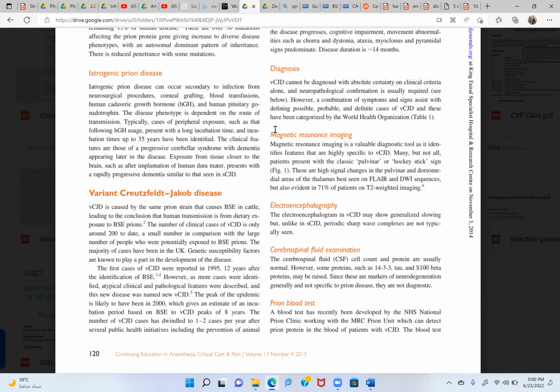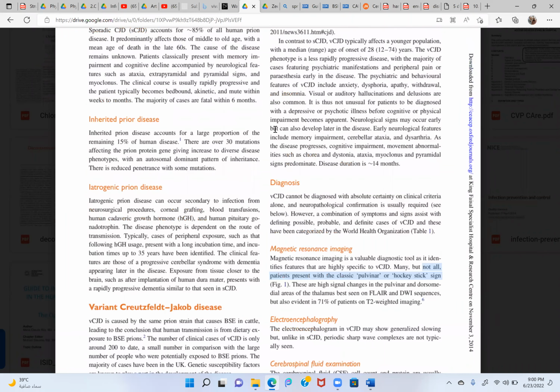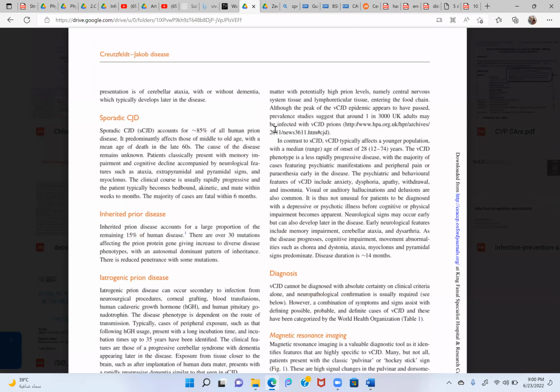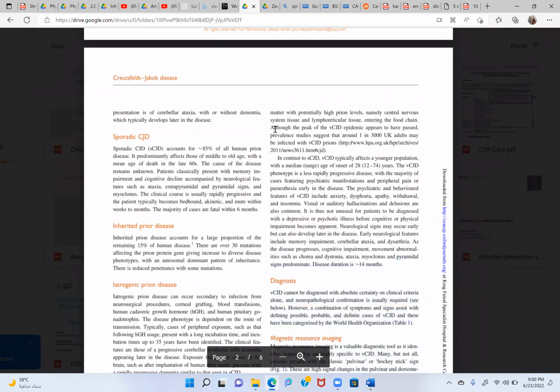So you can say that it's a disease which is transmitted through an abnormal protein, that is prion protein, and it is affecting the nervous system mainly. Nervous system and lymphatics, if you just try to summarize it.